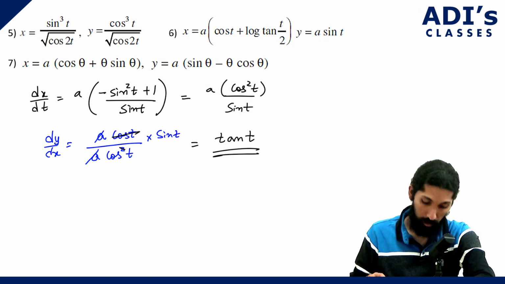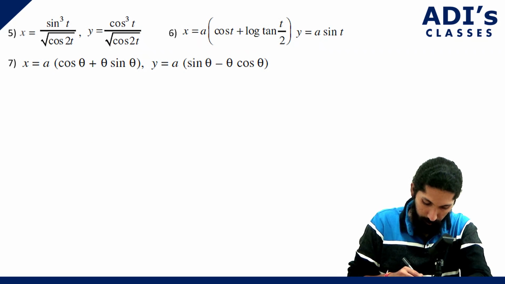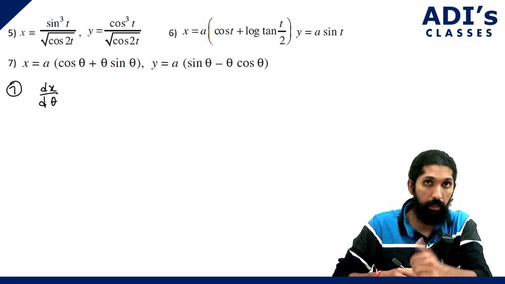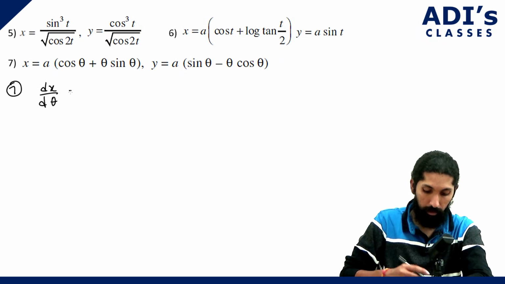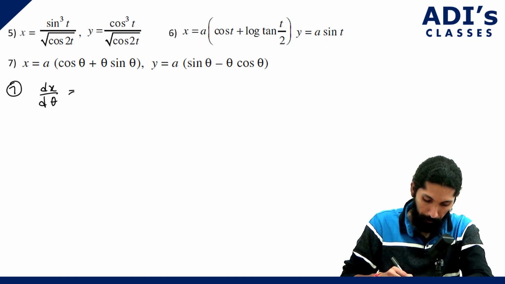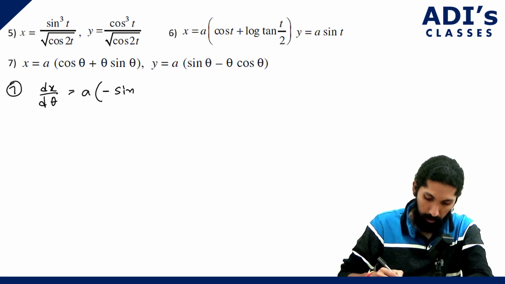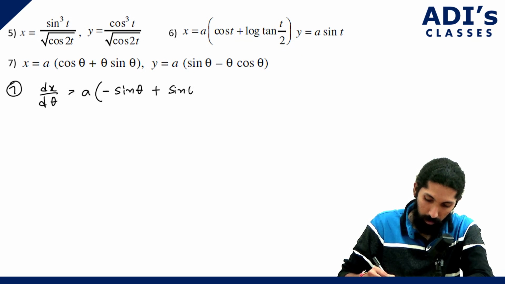Alright. Now let's do the seventh one. See the seventh one? So dx by d theta, correct? Theta is the variable or the parameter. So dx by d theta is going to become a into minus sine theta plus sine theta plus theta cos theta.